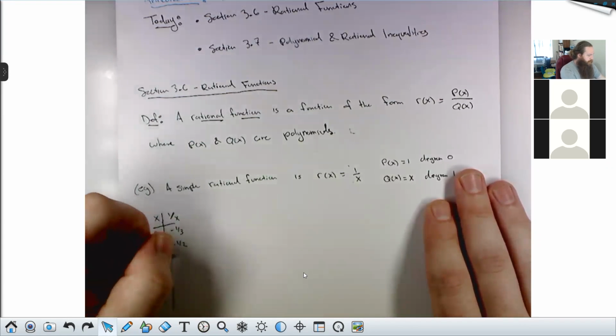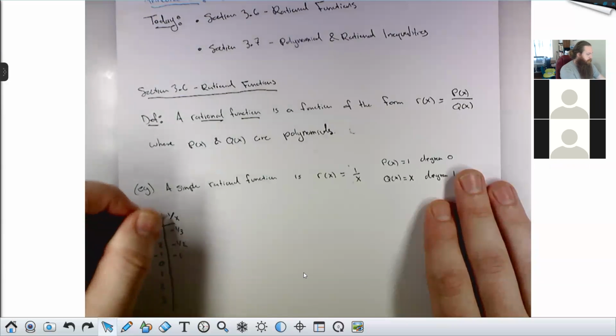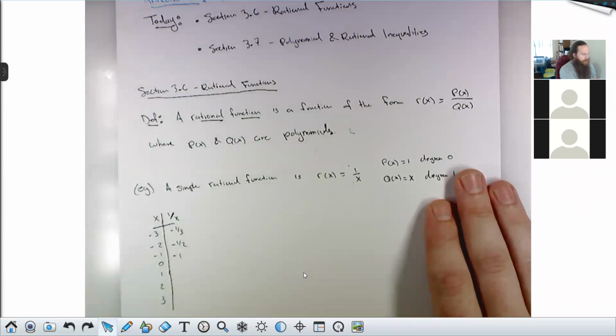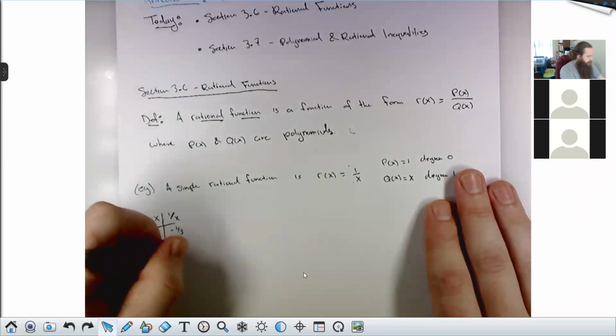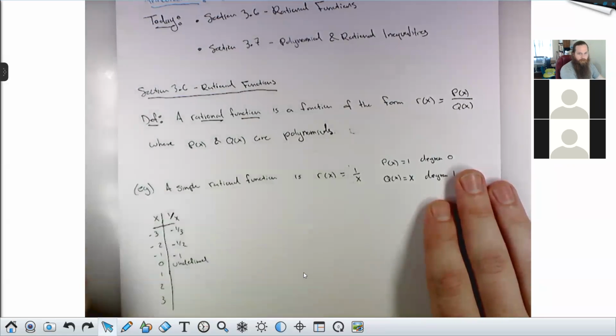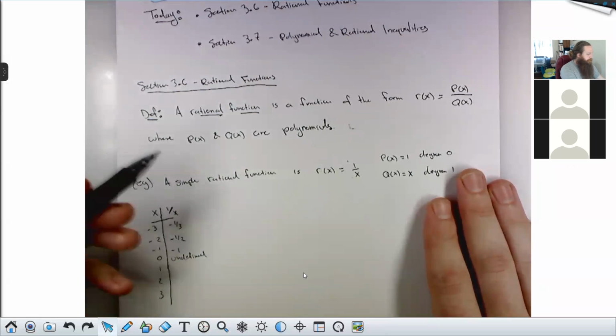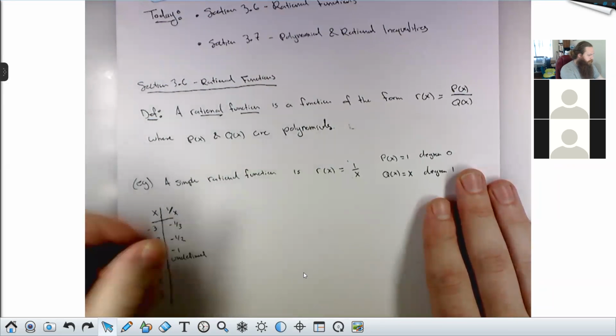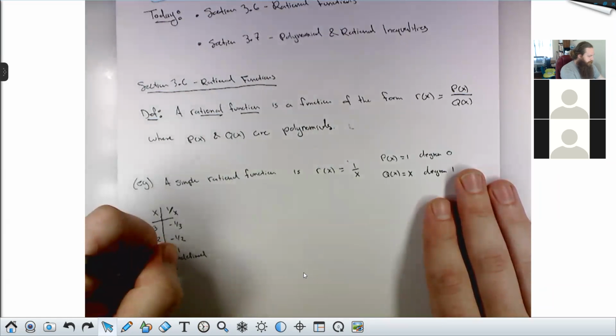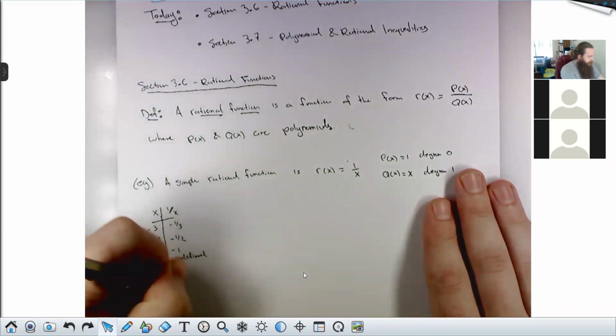If I plug -1 in, -1 over 1 is -1. When I plug 0 in, this is undefined. Right? 1 over 0, that's not a number. If you plug +1 in, 1 over 1 is 1. If you plug +2 in, you get 1/2. You plug +3 in, you get 1/3.